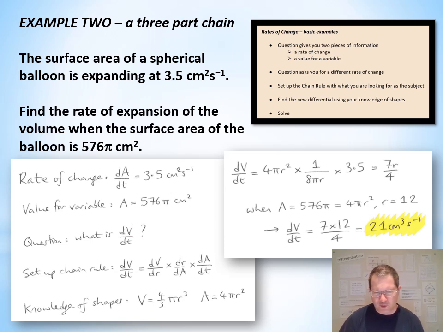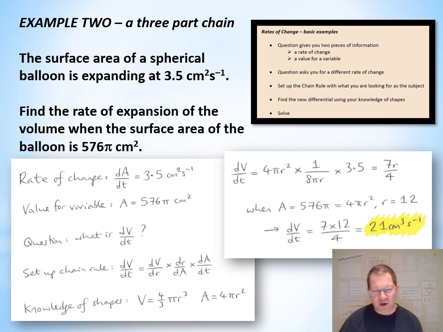If we differentiate 4 pi r squared with respect to r, we get 8 pi r, but again we've got to reciprocate it because we're looking for dr by dA rather than dA by dr, and we know that dA by dt is 3.5. It was given in the question. If we multiply 4 pi r squared by 1 over 8 pi r by 3.5, that simplifies to 7r over 4. So we have an expression for dV by dt in terms of r.